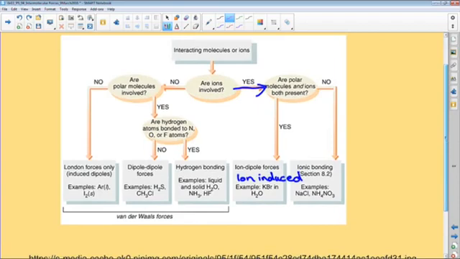If it's no, okay, now we're going to ask ourselves the question, are there polar molecules? Okay, yes or no? If the answer is yes, what options do we have for polar molecules? We've got dipole forces, and we've also got dipole-induced forces.